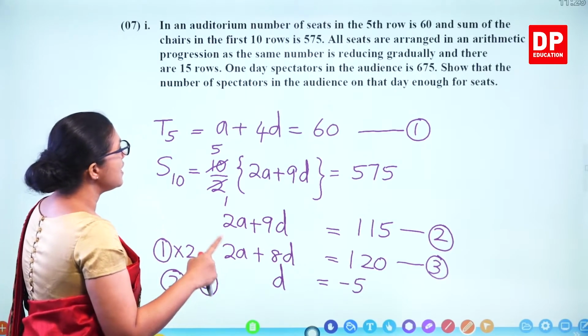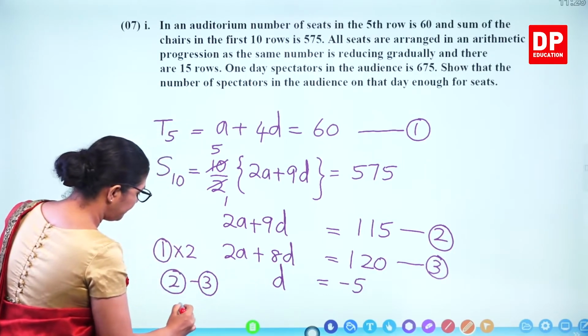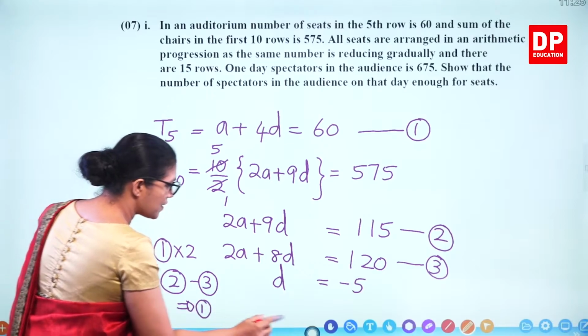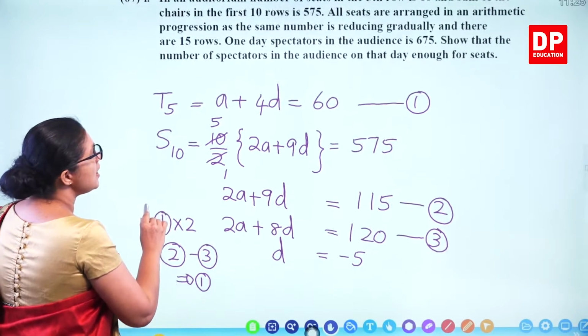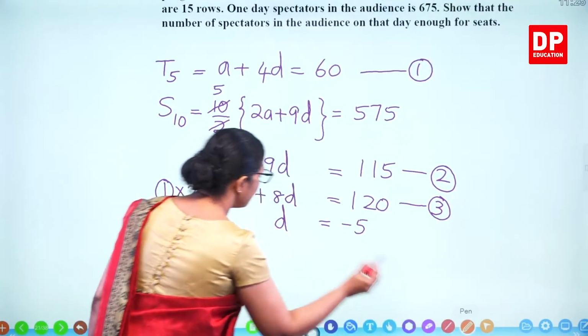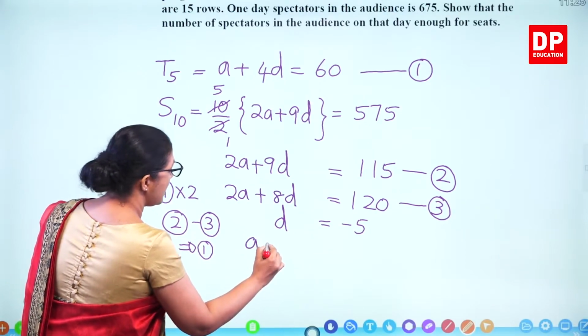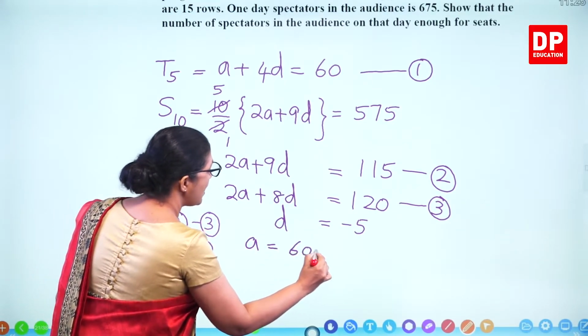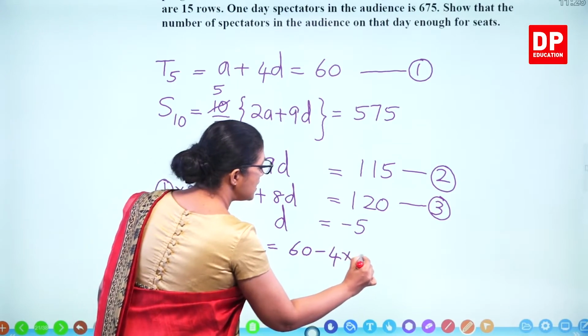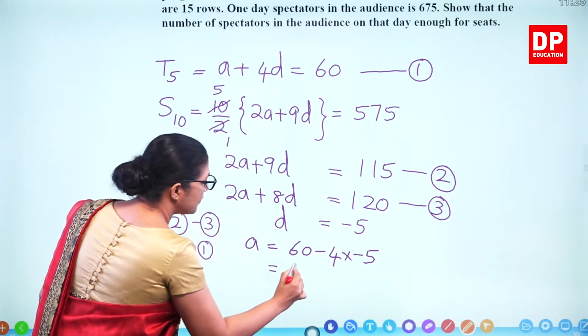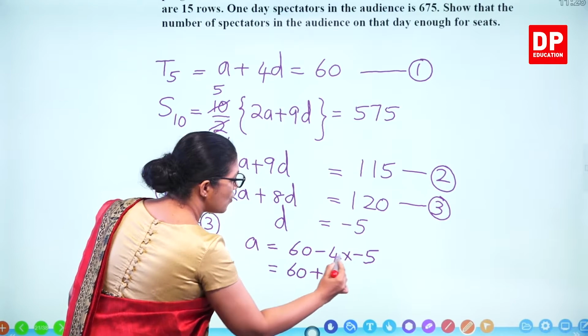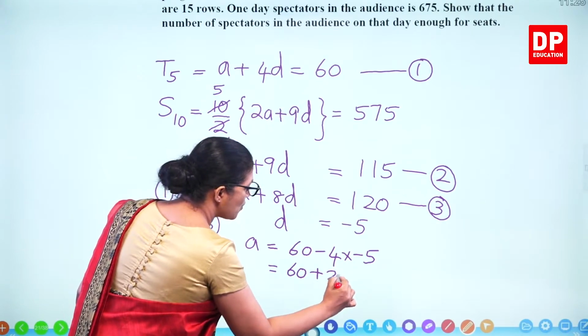So substitute in the first one and find out the first term, because we need the first term. a is equal to 60 minus 4 into d. d is minus 5. 60 plus 4 times 5, 20.